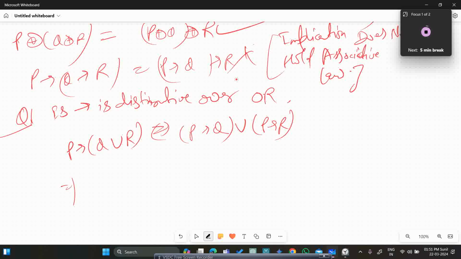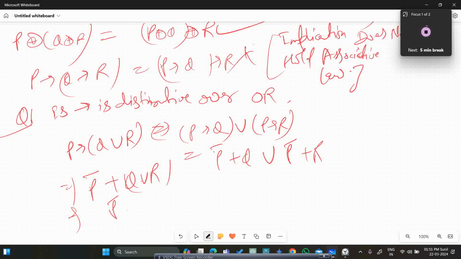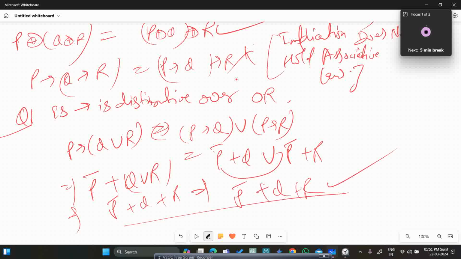In Boolean form, P complement plus Q or R equals P complement plus Q or P complement plus R. These are both equivalent to each other, so it is true.